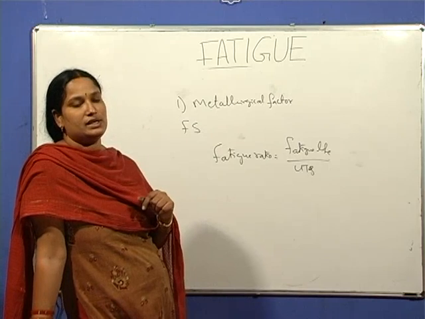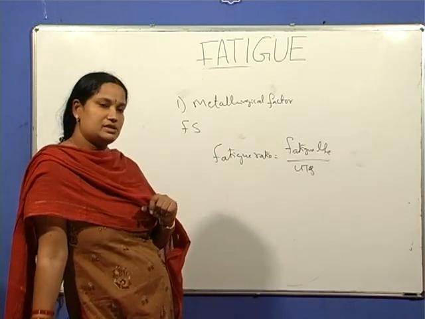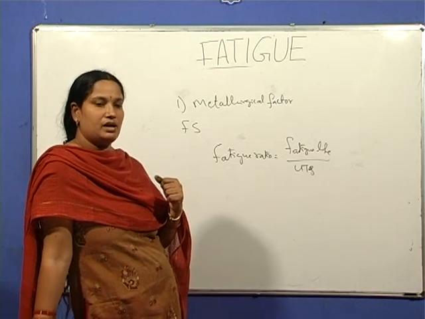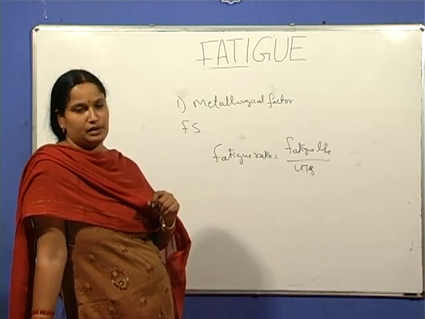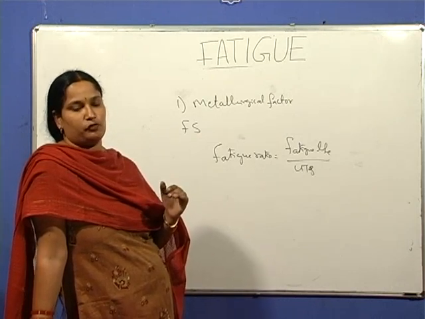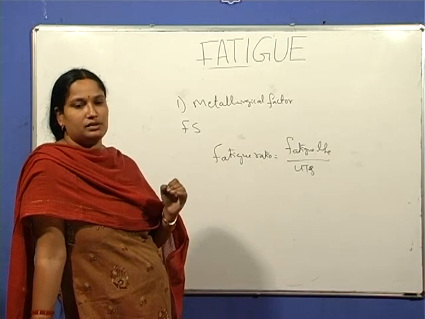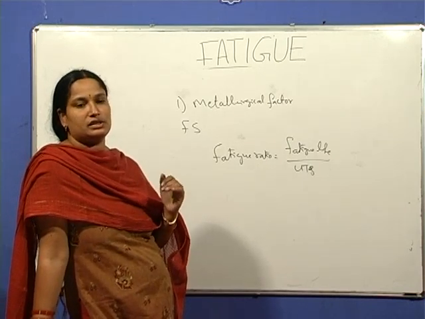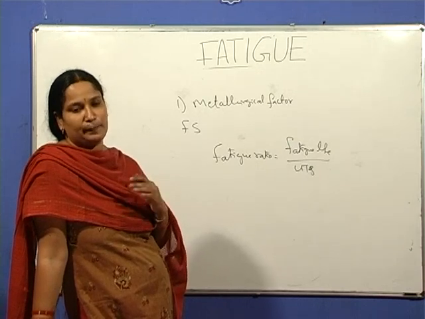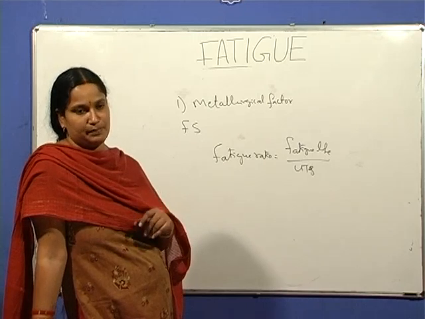And moreover, in the case of high stacking fault energy materials, they undergo cross slip easily, and the slip is known as wavy slip, whereas for low stacking fault energy metals, where cross slip is very difficult, dislocations tend to move in a planar fashion. So the slip is known as planar slip.